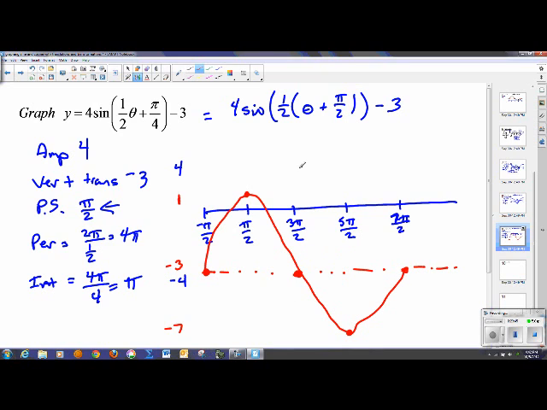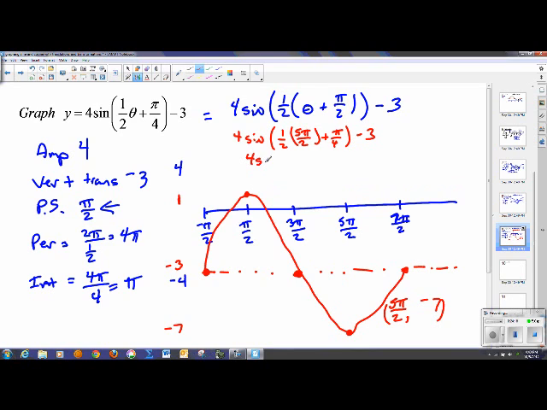And let's check a point once again. I'm going to check the point 5 pi over 2 and negative 7 by plugging into my original function. So I have 4 times the sine of a half times 5 pi over 2 plus pi over 4 minus 3.